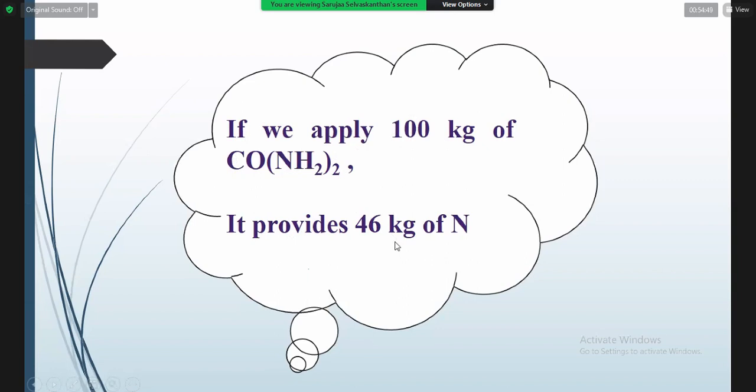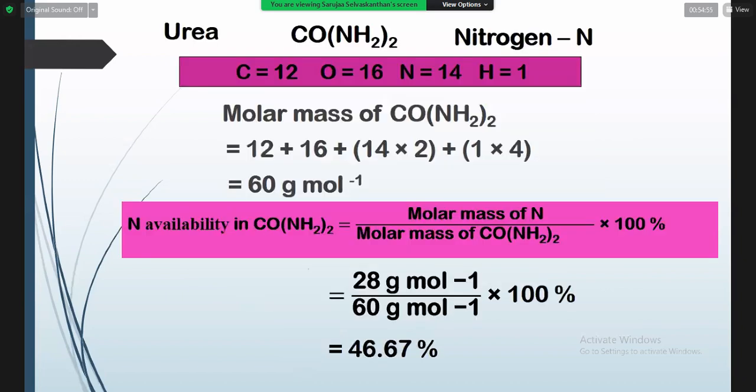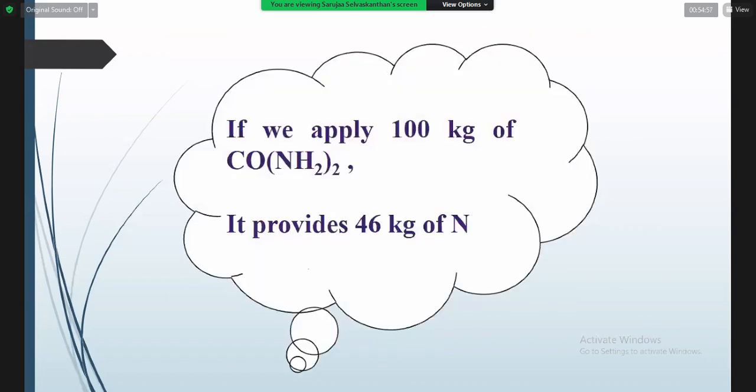That is the equation, because yours has 46.67%. If you want, you can add 46.6 kilogram. Okay, that is the reason.